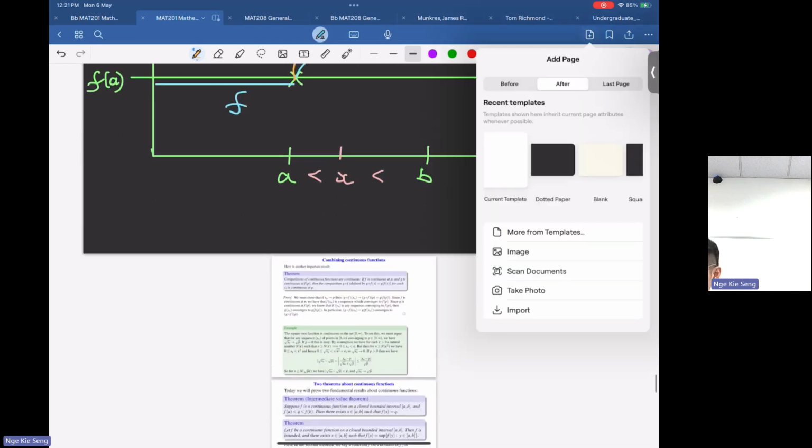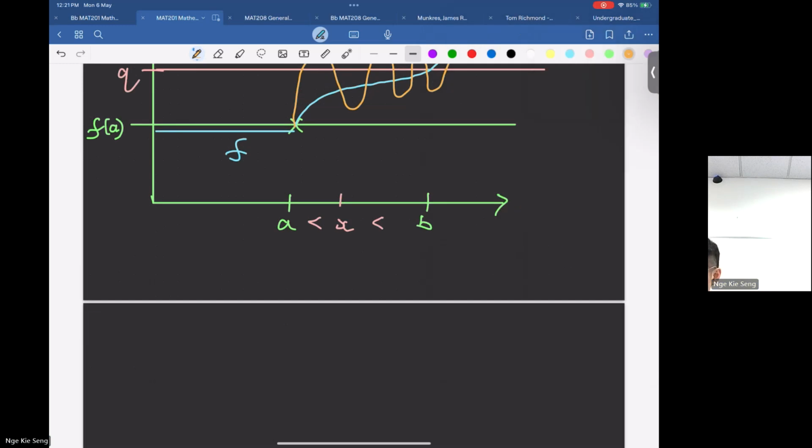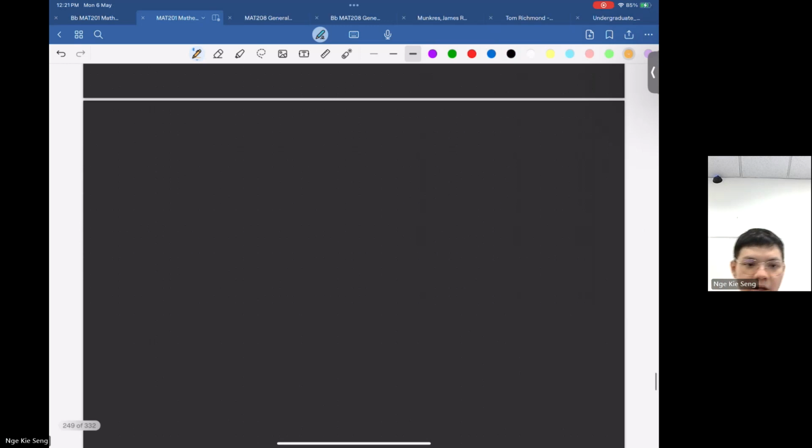So let's see how we prove this. There are a few ways to do this. I think we will do at least two ways. Let's do the first proof. How do we think about achieving this q?